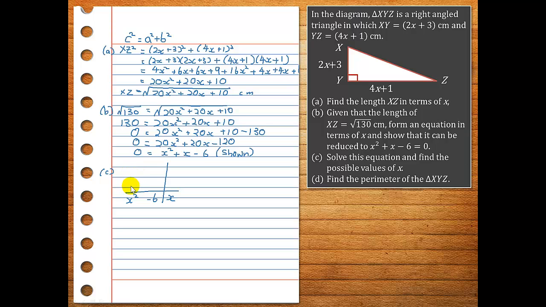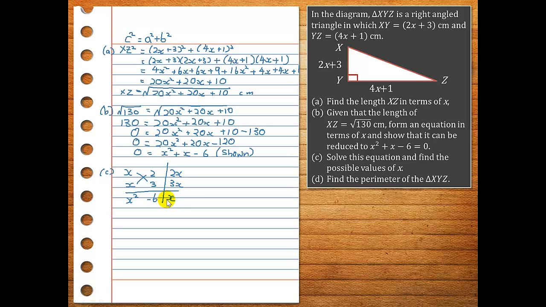So what multiplied by what will give you x squared? x multiplied by x. We can try 1, 6 or we can try 2, 3. Well, 2, 3 seems to be nearer to 1x, so we will try 2, 3. Cross multiplying, we will have 2x and 3x.